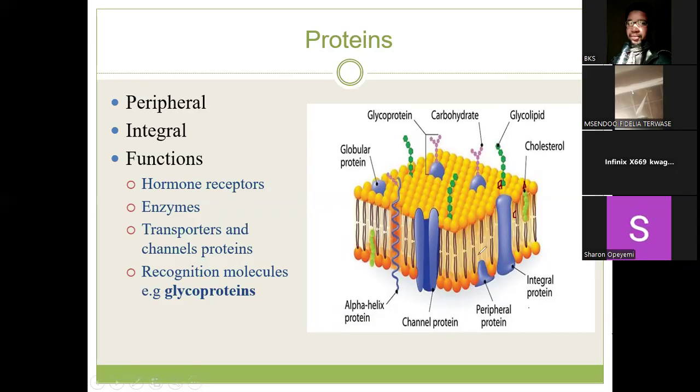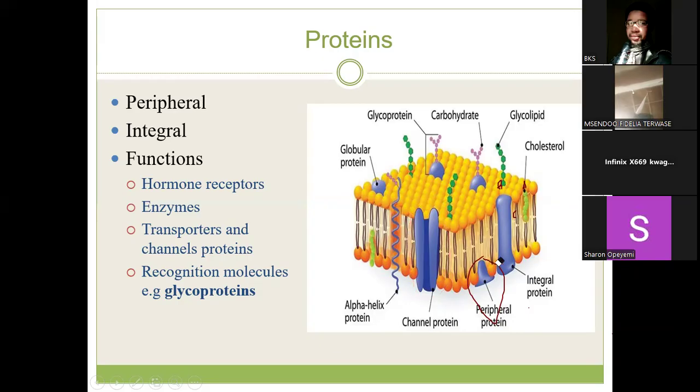Is that clear? We can see peripheral membrane protein here. And we can see integral, the one that extends from the outer down to the inner monolayer. Is that clear? Class, are we together? Yes, sir. So this is basically the peripheral membrane protein and the integral membrane protein.